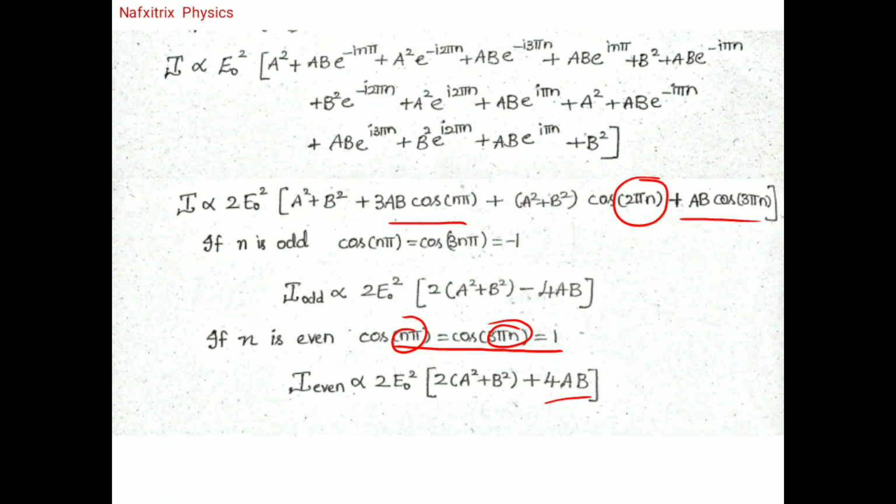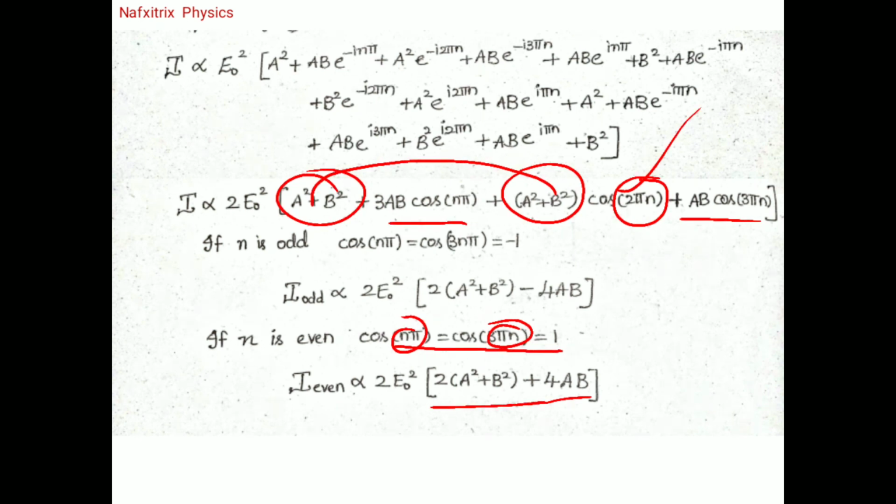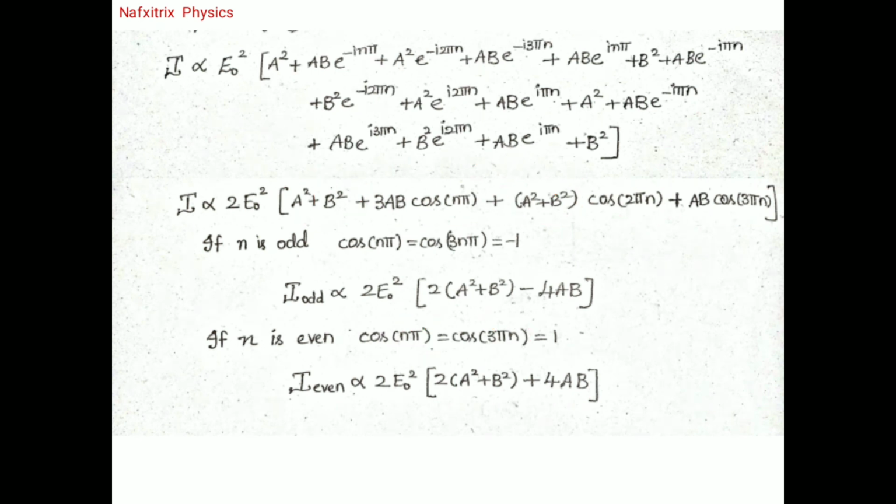The a square plus b square terms added together, again cos 0 is 1, so 2 into a square plus b square. This is the calculation.